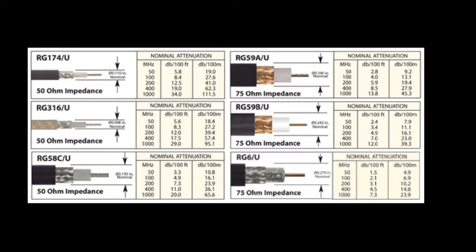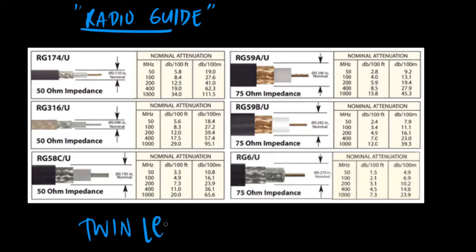Common coaxial cables. You have here the RGs, which stand for radio guide. Common radio guide impedances would be 50 and 75, compared to your twin leads, which are around 200 to 300 ohms.